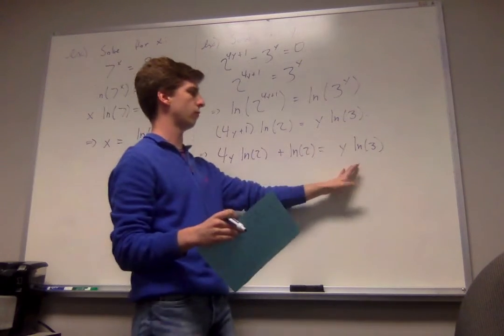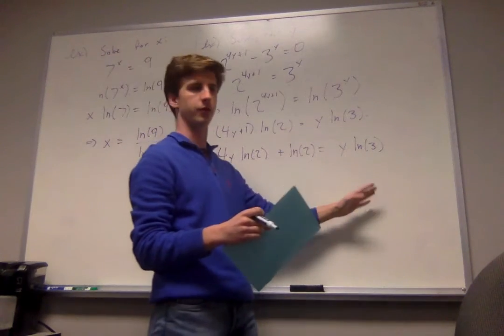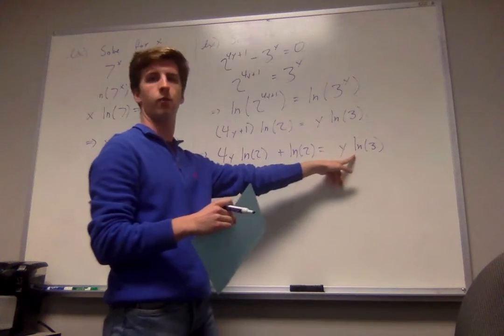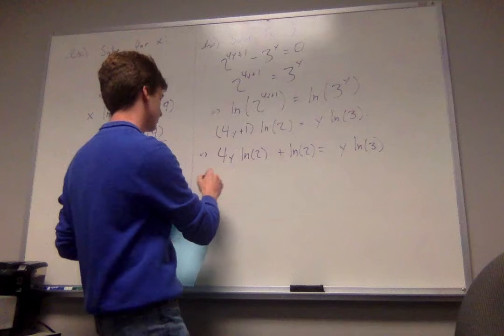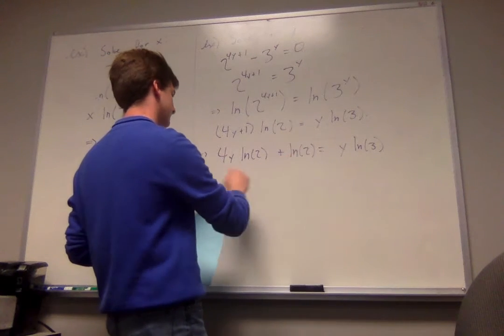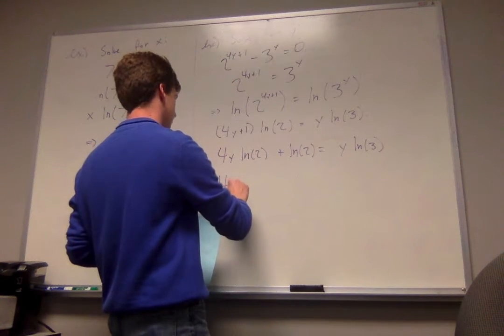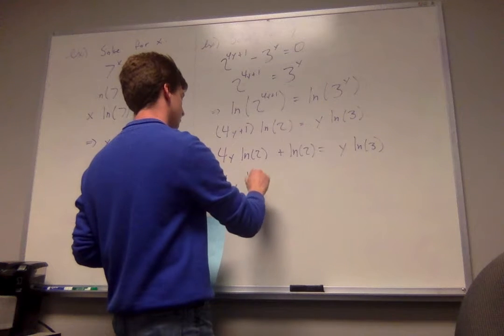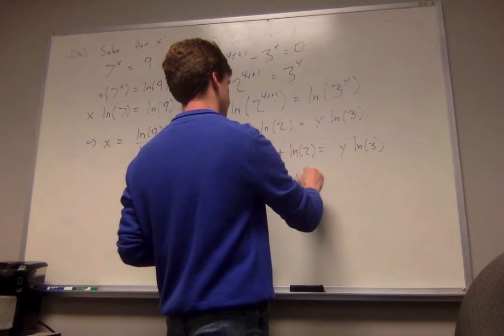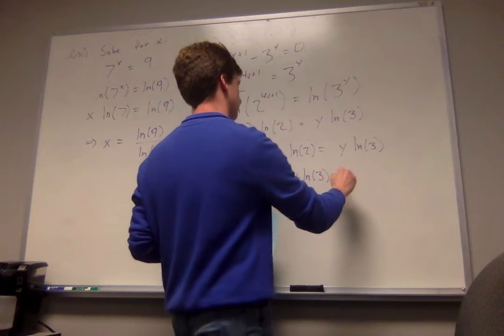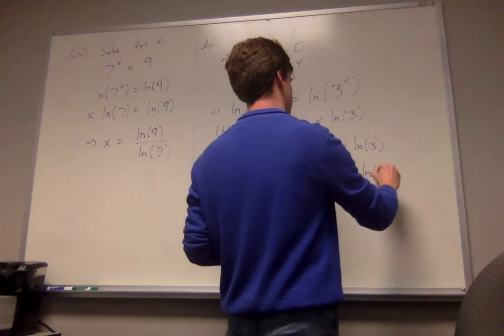Now since we're moving all the y's to one side and all the numbers and everything else to the other side, I'll move the y log 3 to the left and then the log of 2 to the right side. So we get that 4y natural log of 2 minus y times the natural log of 3 equals negative natural log of 2.